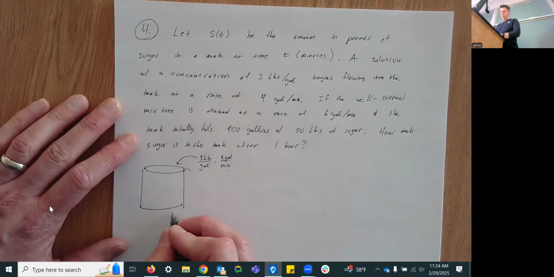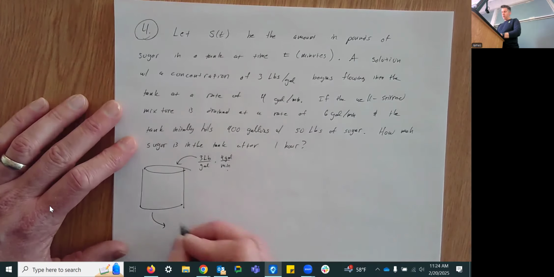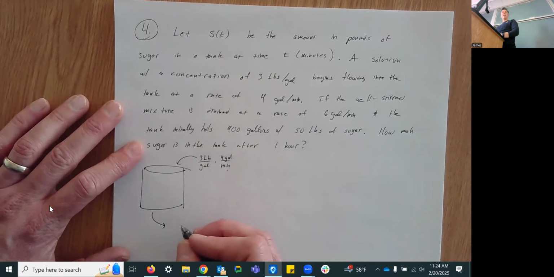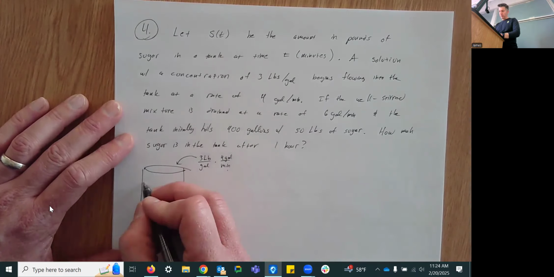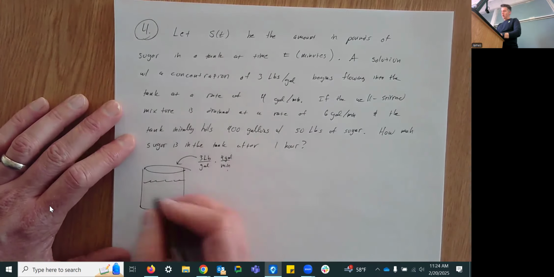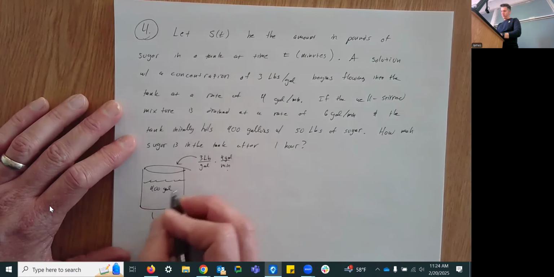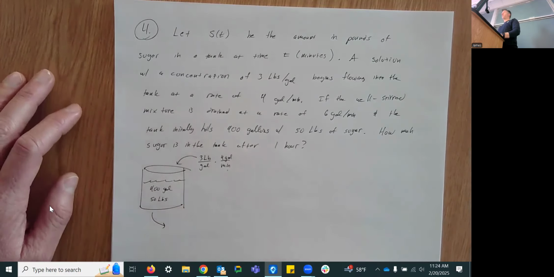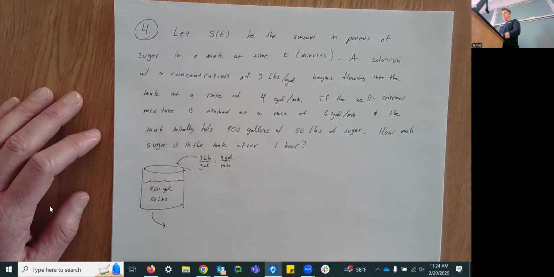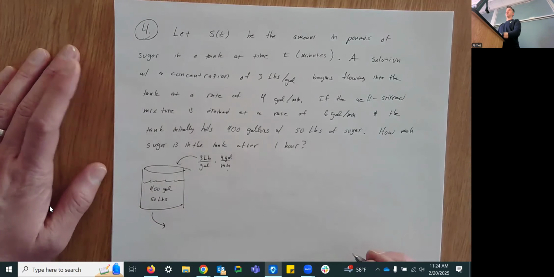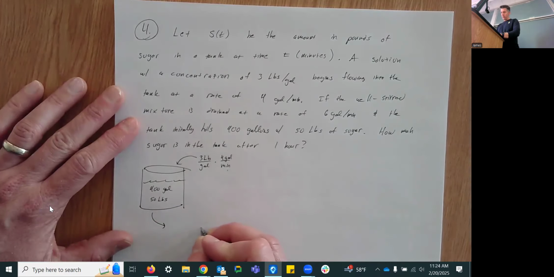Similarly, on the way out, our concentration is going to be a little bit dicier. In the tank, we're starting with 400 gallons and 50 pounds of sugar. But we're taking out volume. We're putting in 4 gallons every minute and taking out 6 gallons every minute. So the rate going out is 6 gallons per minute.